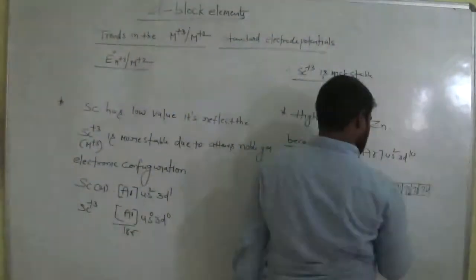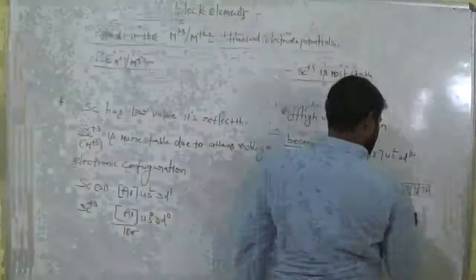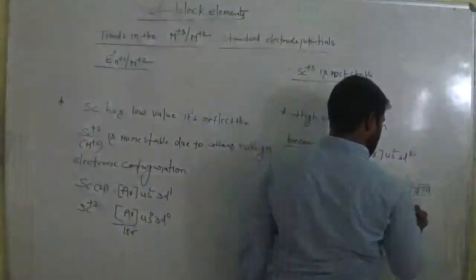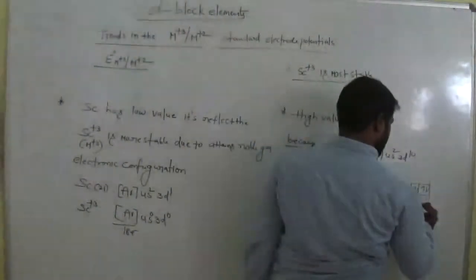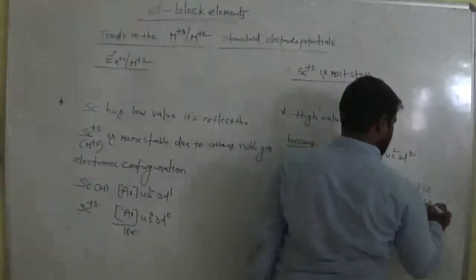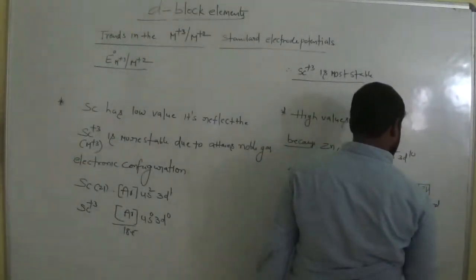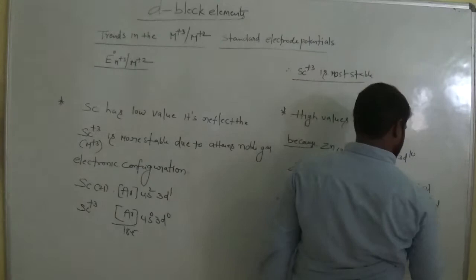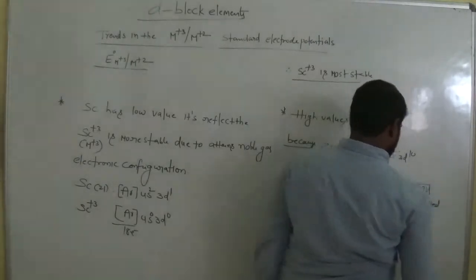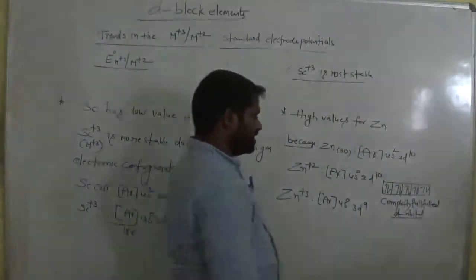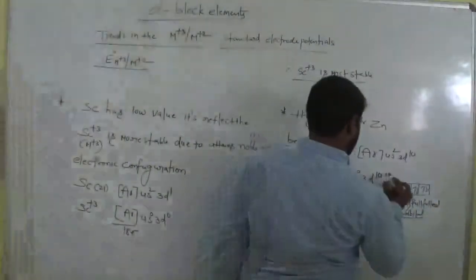Clear? So completely filled d orbital, and this configuration is more stable.